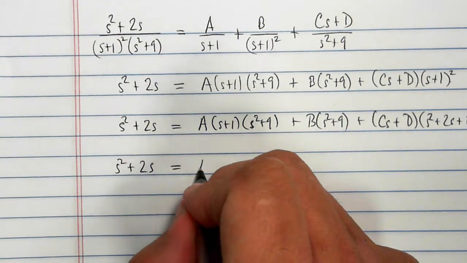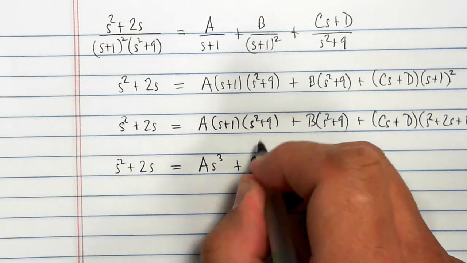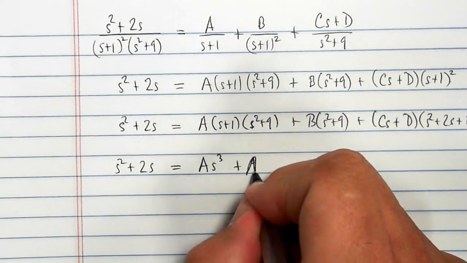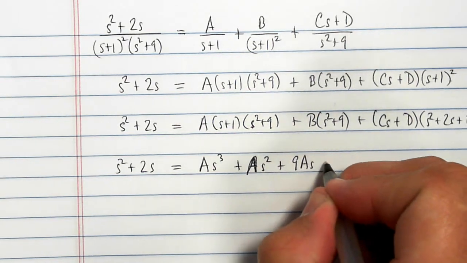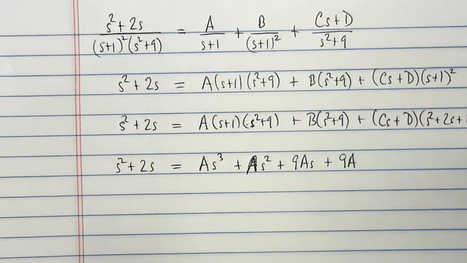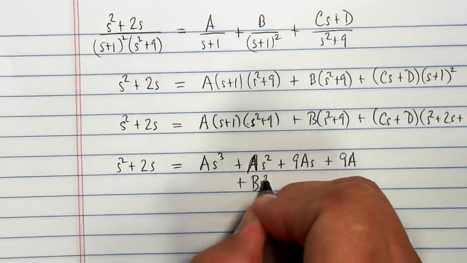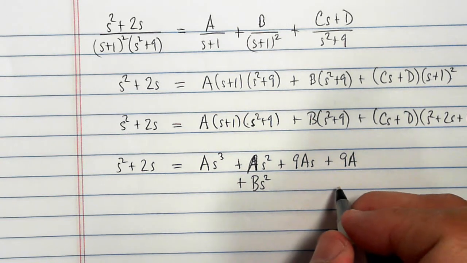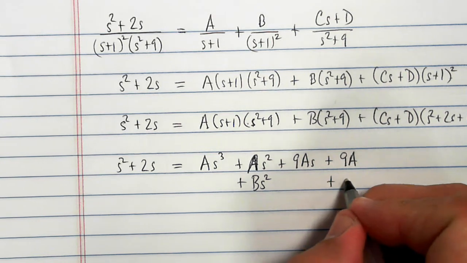So multiplying out, we get As cubed plus As squared plus 9As plus 9A. That's the first bit. Second bit, we have plus Bs squared plus 9B.